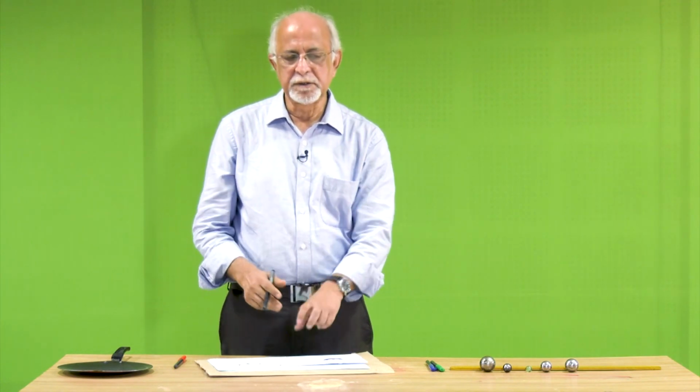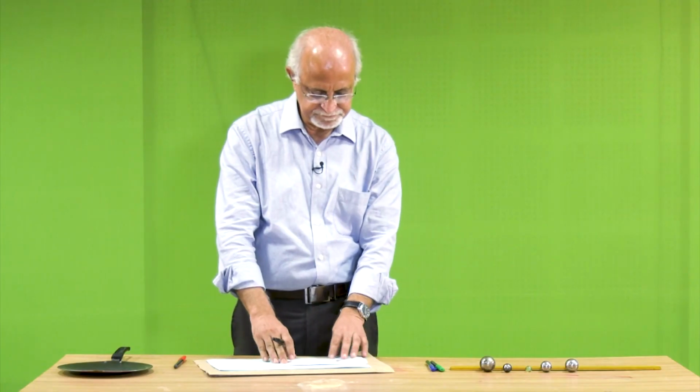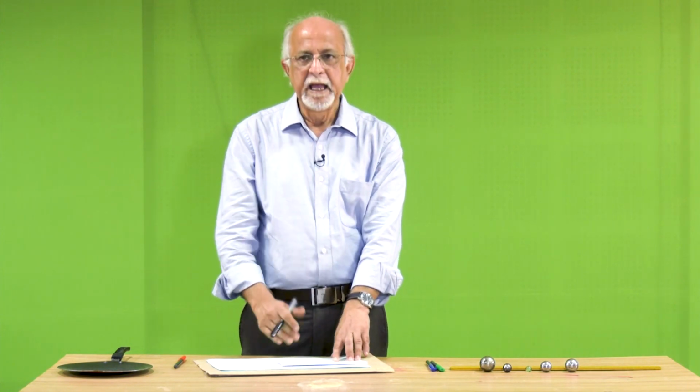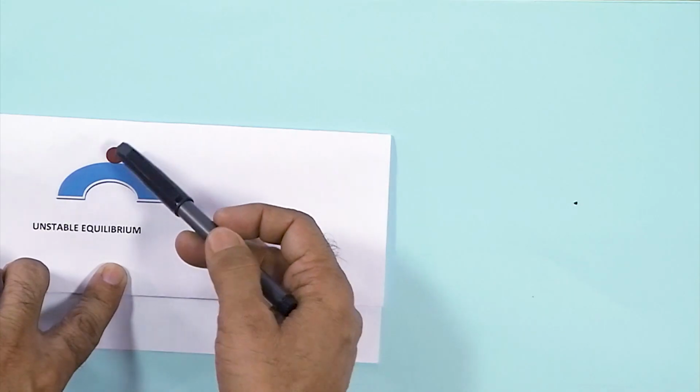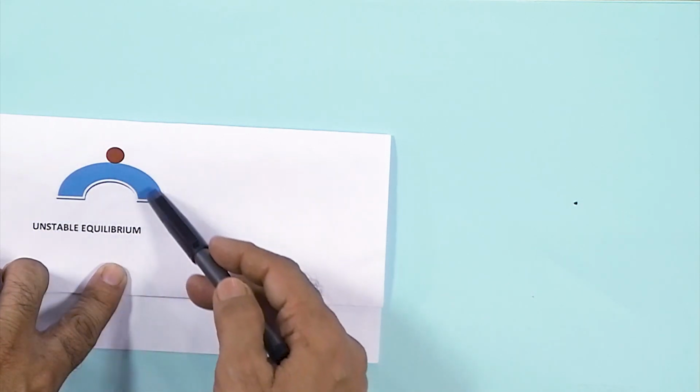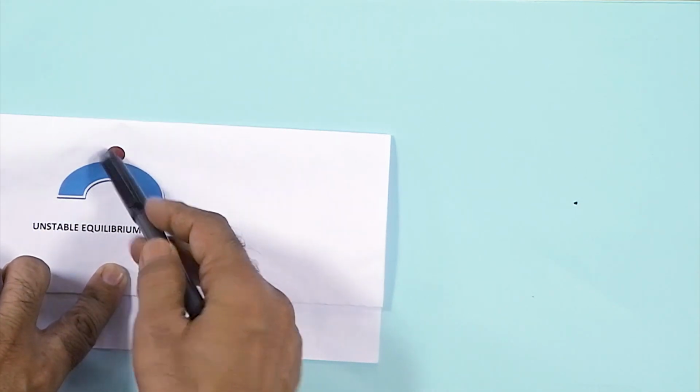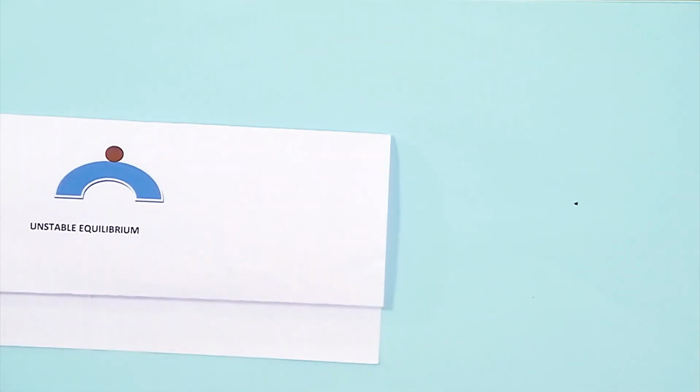Now, we shall take a look at the forces acting on the body when it is in unstable equilibrium, and we shall be able to understand why it is unstable. You can see the ball is residing over here. What happens when it is here?